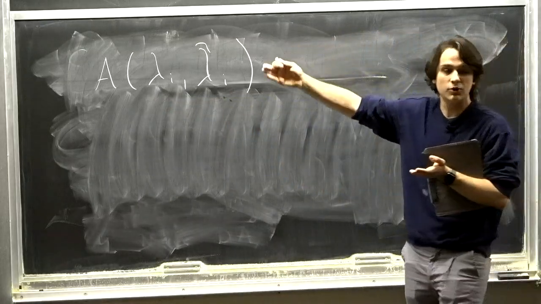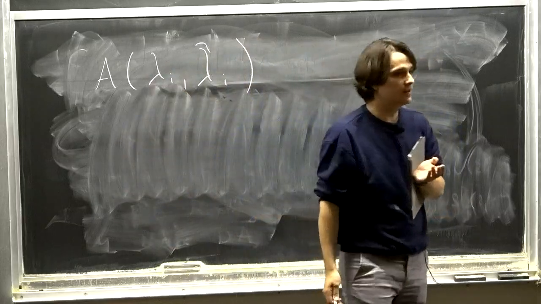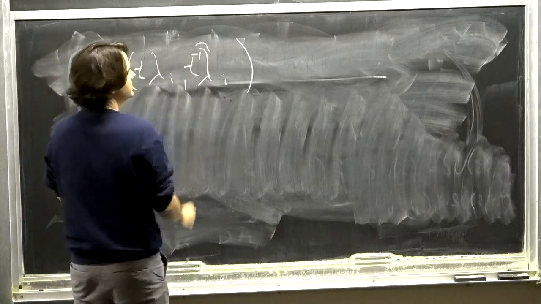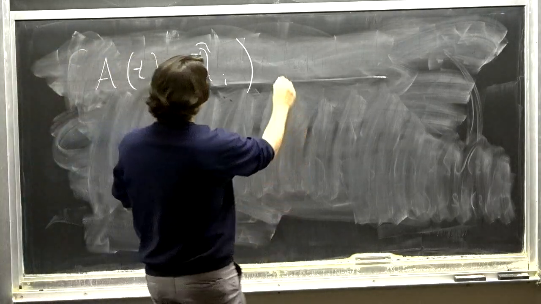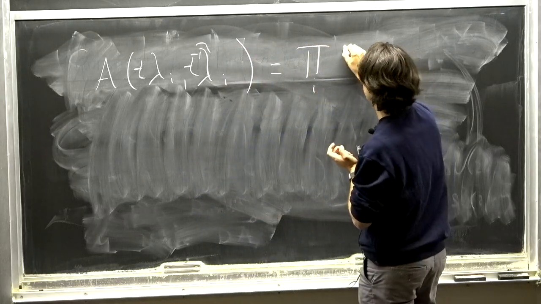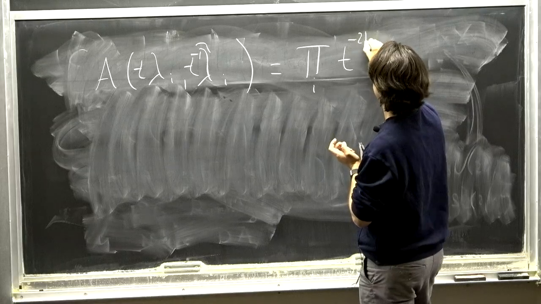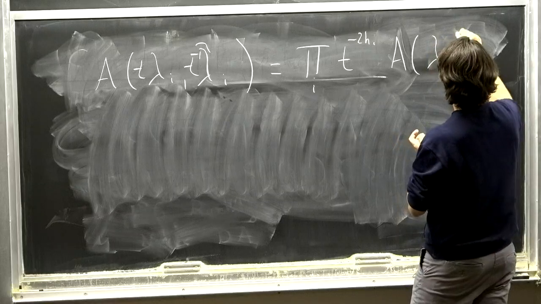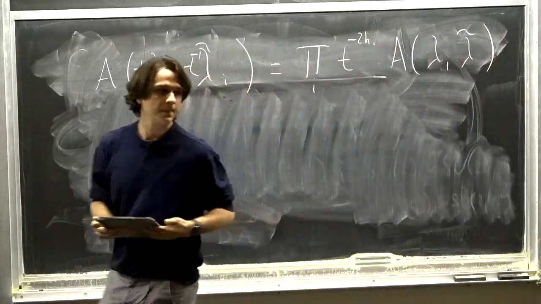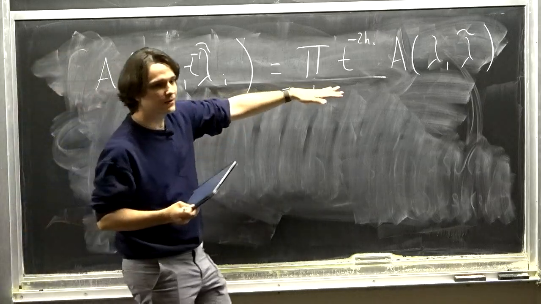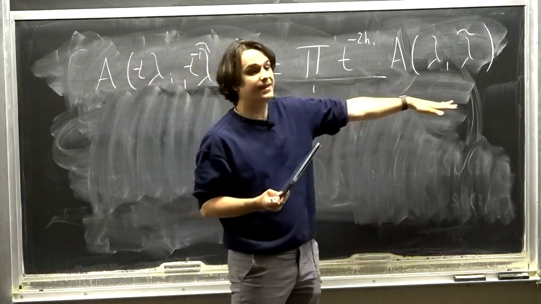We already discussed that the little group just phases each one of those particles. So if I multiply by t to the minus 1, this is doing a little group transformation. So this should come out as a product over each particle, basically t to the minus 2 h_i times the amplitude. We'll see tomorrow that this is extremely constraining. This fixes most of the answer.